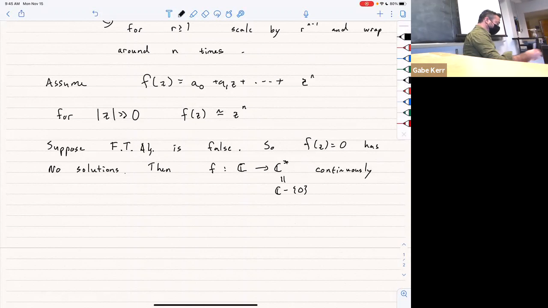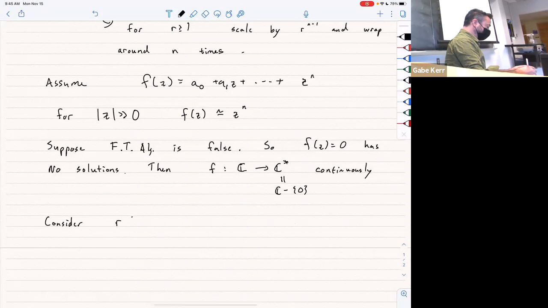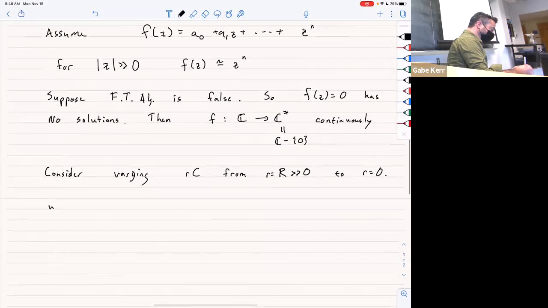So now here's what I want to do. I'll consider r times C, varying r from big to small, where C is the unit circle.